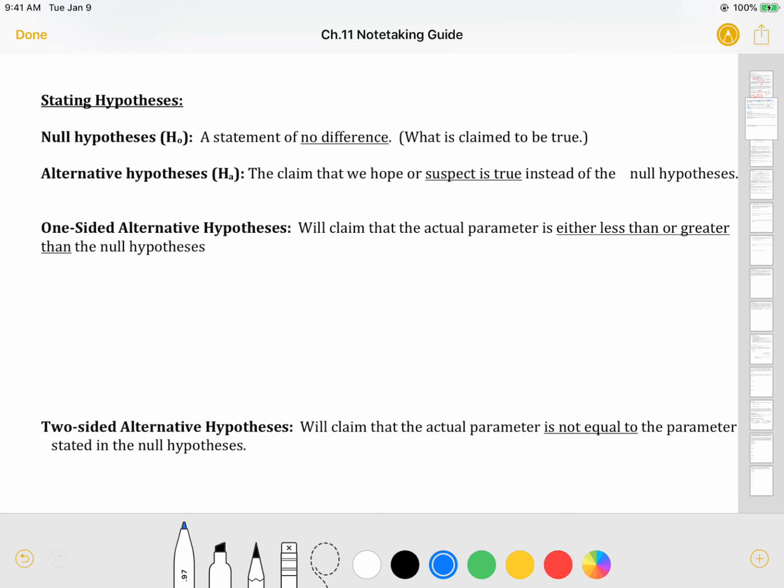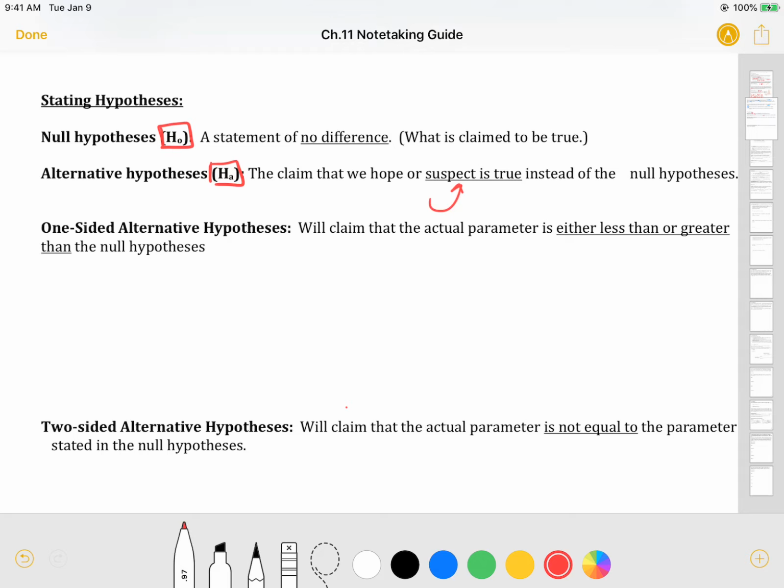The null hypothesis, H0, is a statement of no difference. It basically means that the claim is true. And the alternative, HA, is the claim that we hope or suspect is true.